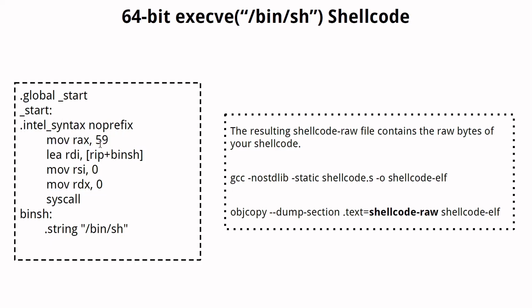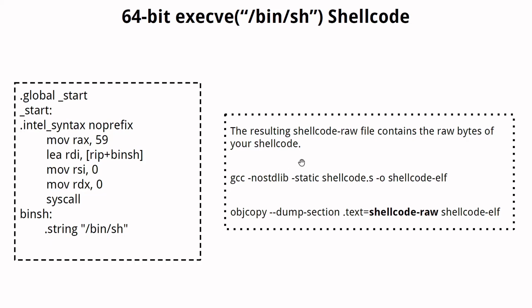Then we move 59 to RAX. That is the execve system call number for 64-bit. Then we set up several other registers. Then we do not use int 0x80, we use syscall instead. After you compile this program, you use GCC to compile, with no standard library.